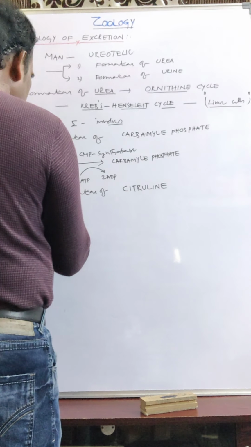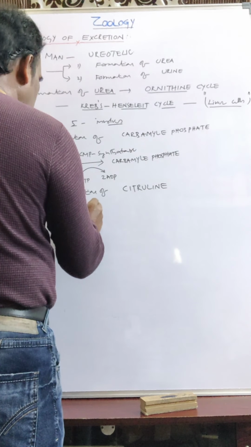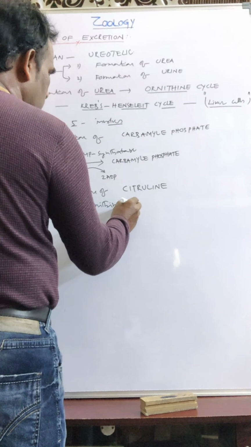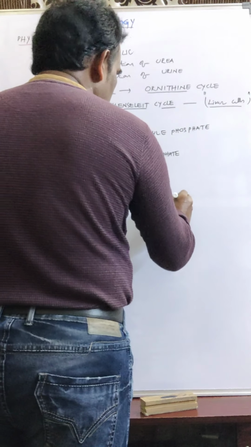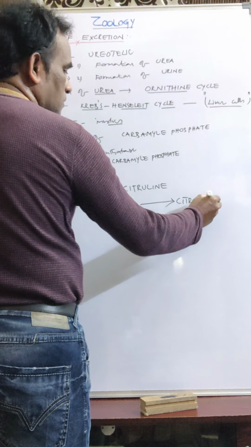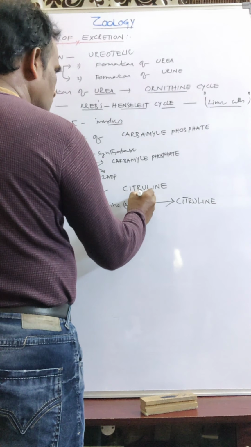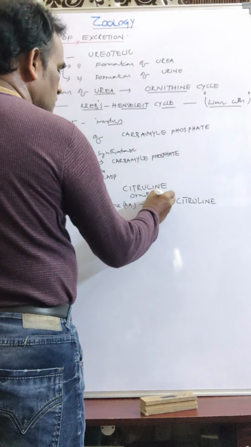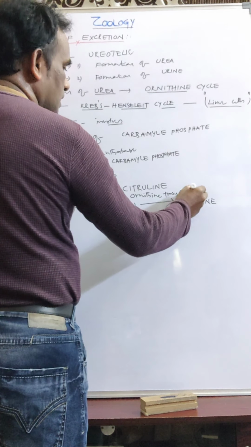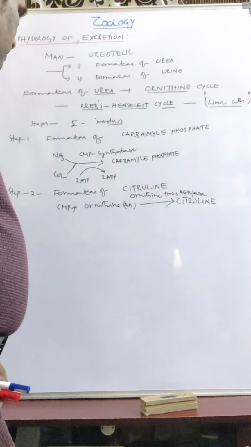In this reaction, carbamyl phosphate is combined with the amino acid ornithine and forms citrulline, in the presence of an enzyme called ornithine transacetylase. So that is the name of the enzyme.